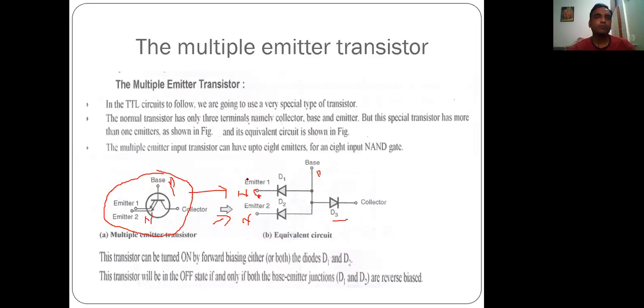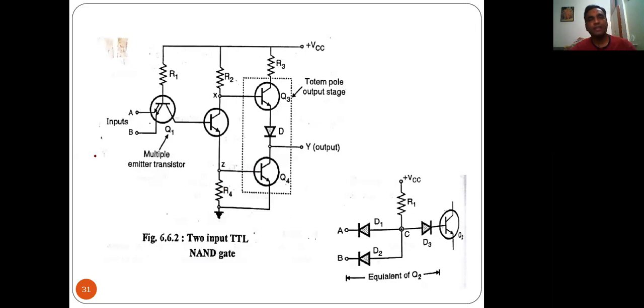Okay, so we will see how we can make the logic gate using TTL. Here is an example of the TTL NAND gate, and this configuration is totem pole TTL.